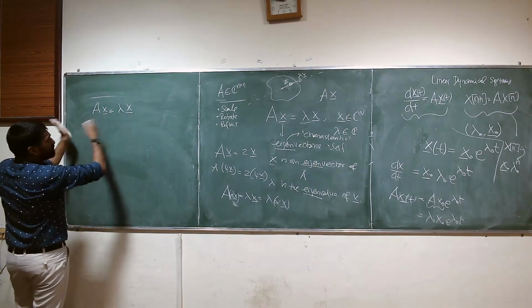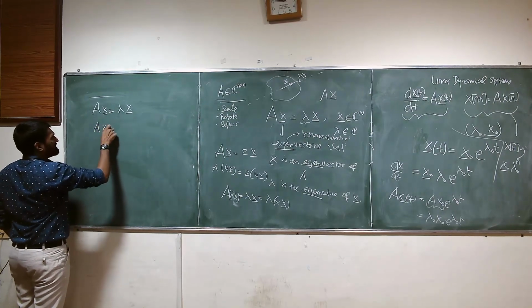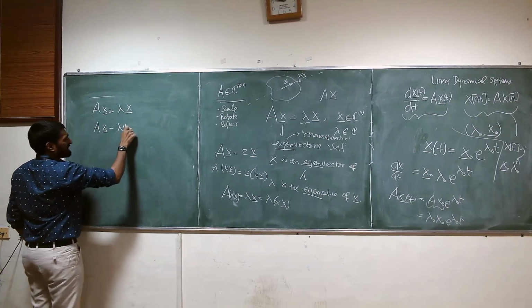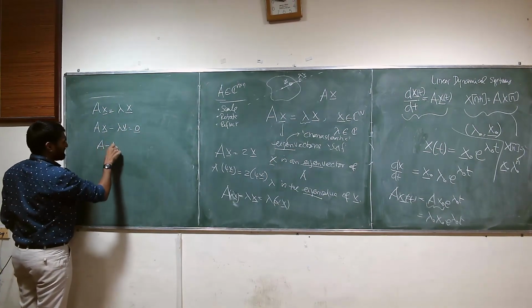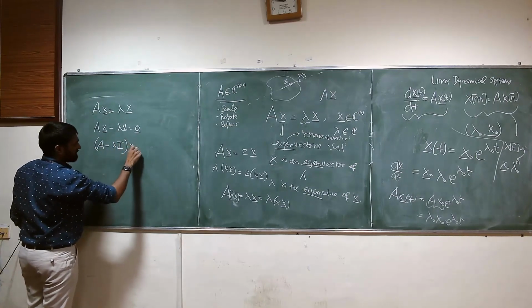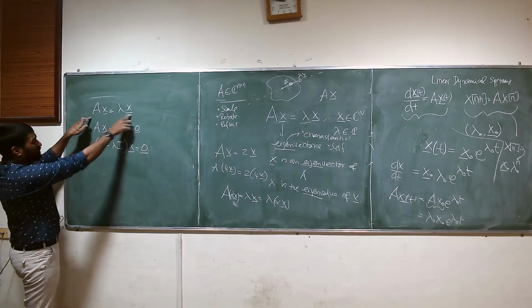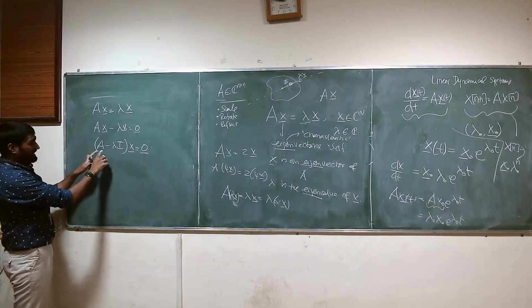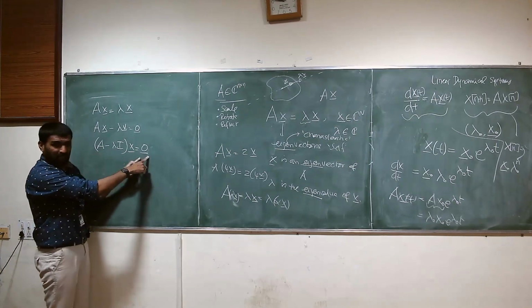If you move things around, then you get Ax minus lambda x equals 0, the zero vector. I can take x out. In fact, you can verify this. This whole thing can be expressed like this: the matrix A minus lambda I multiplied by x is 0.